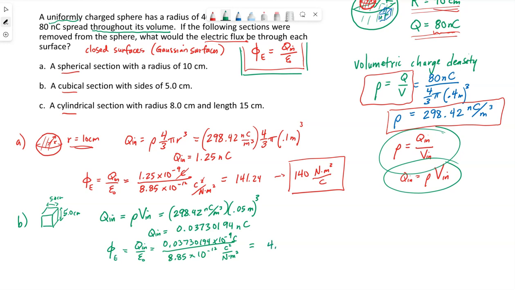To two sig figs, I'm getting 4.2 newton meters squared per coulomb. Less flux because there is less charge located within that cube.